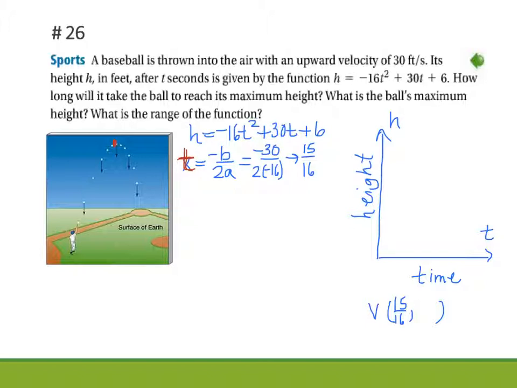Now I'm on my way to getting a graph of this, but I need now the h component of my vertex, which corresponds to a y basically. So I'm going to plug in 15 over 16 back into the original function like so. And again, you'll want to use a calculator for these problems.